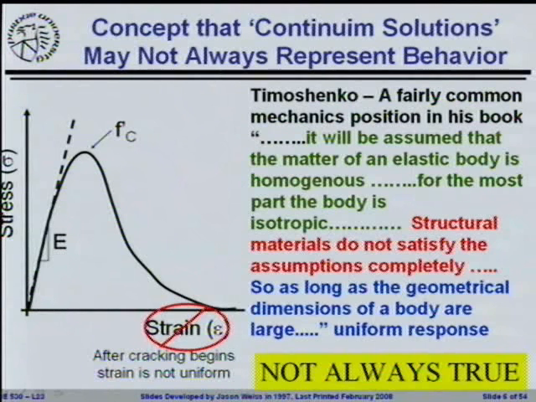Now, one of the other things that I would like to point out here is there are a few assumptions that we typically make, and we sort of blow by these assumptions when we do every other class that we've ever taken.